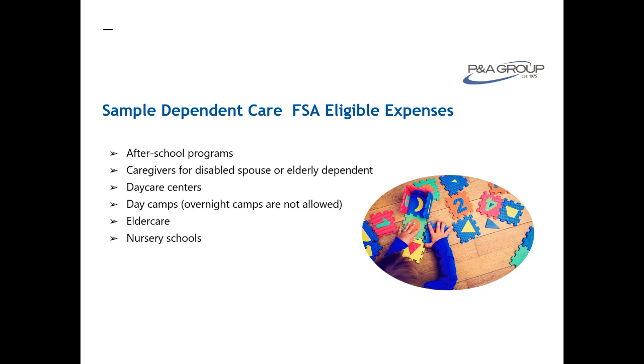So the cost for that virtual camp is not eligible for reimbursement. But if you're paying somebody to supervise the children while they're participating in that virtual camp, the cost for that supervision is an eligible expense because now you're paying a provider to take care of the children while they participate in that virtual camp. Elder care and nursery schools as well. Next slide.